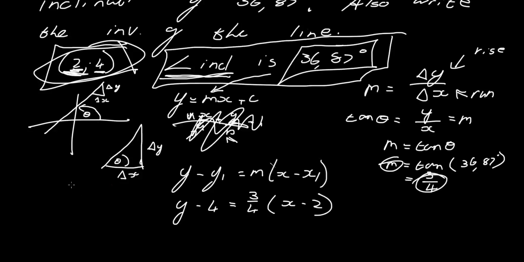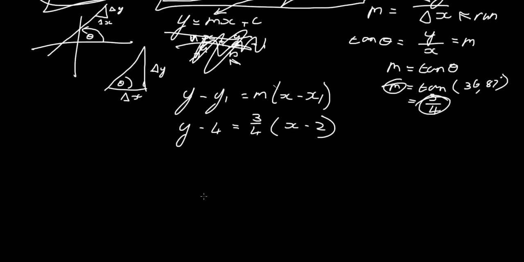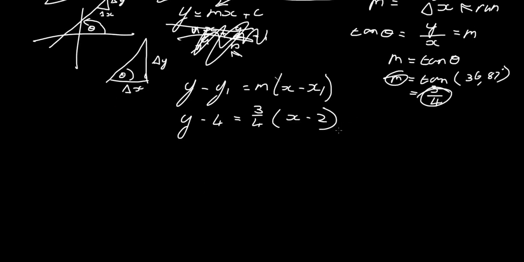So now we can just rearrange this and write it in whatever form we choose. As I said, personally, I always prefer to write it in what they call the gradient form, which is your y equals mx plus c. So let's simplify this out and write it in the form y equals mx plus c.